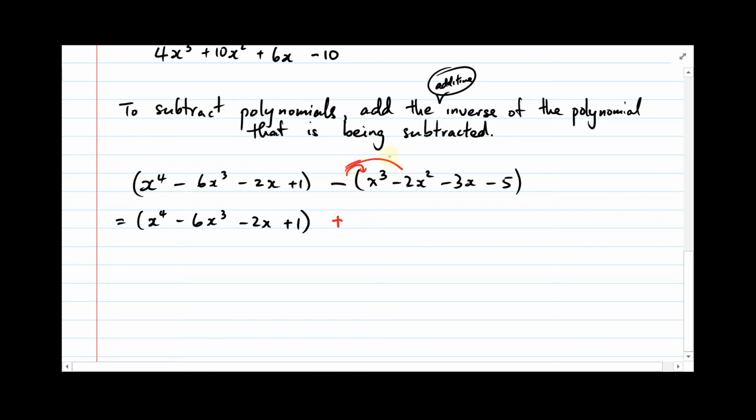Every single term would be distributed, and we would have negative x cubed. The signs would change. Of course, we don't slow down and write it that way. We would have just gotten rid of all the brackets. But basically, this was the definition of subtraction, that in order to subtract, you add the inverse of the term or terms that is being subtracted.